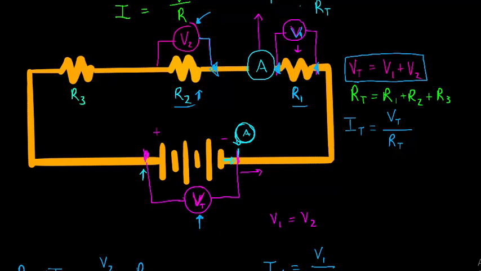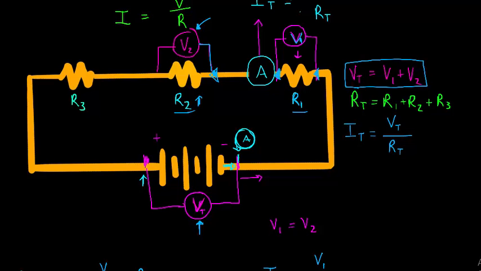So if I wanted to get the total current, the current at any point in here, all I'll have to do is keep in mind that the resistance here at the bottom must be R1 plus R2 plus R3. Okay, and the voltage at the top must either be the voltage over the battery, which is the total voltage, or it must be the voltage over each of them added together, voltage 1 plus voltage 2 plus voltage 3.